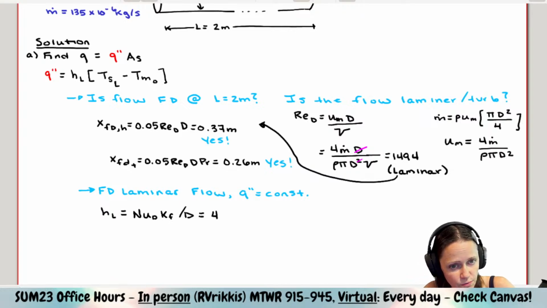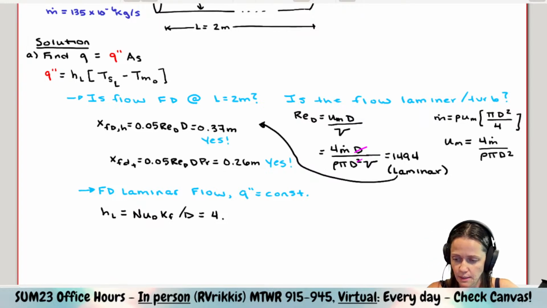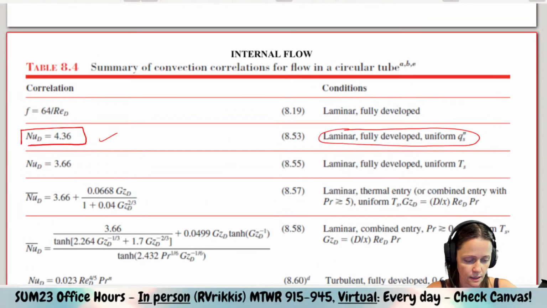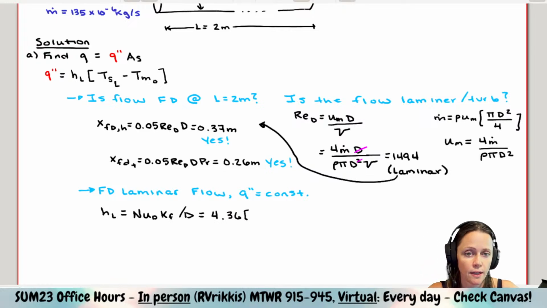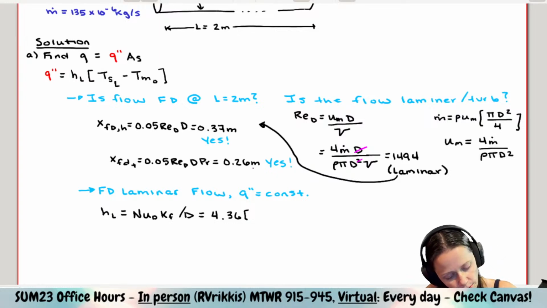So this is 4.36 times our K value, which is 0.0338 watts per meter Kelvin.